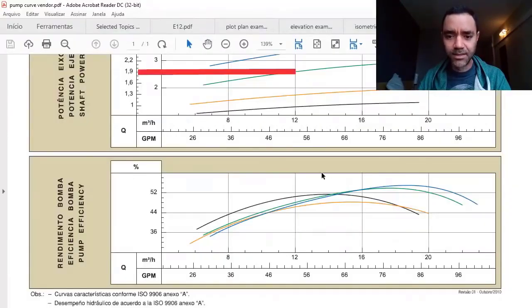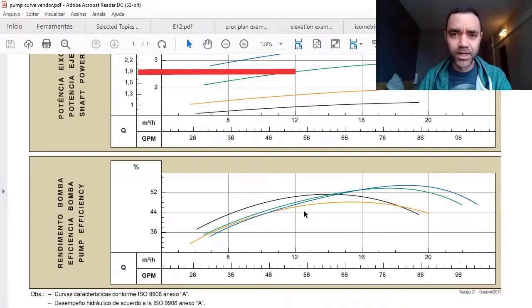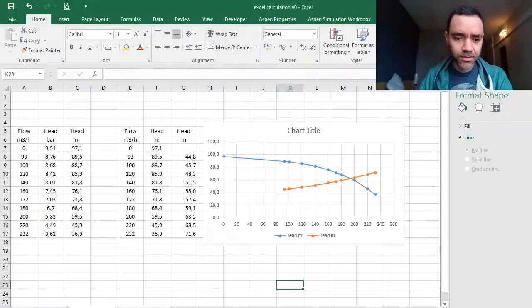If we take this as reference, for instance, the green line we were talking about, I am operating my pump at this point, but the best efficiency point of the pump is around 18 cubic meters per hour. So this is the difference between rated point and nominal flow or best efficiency point flow.